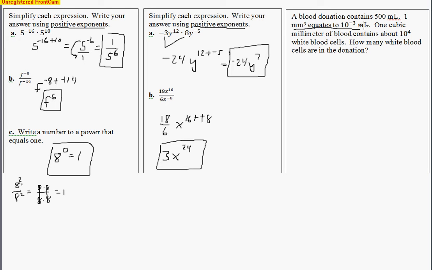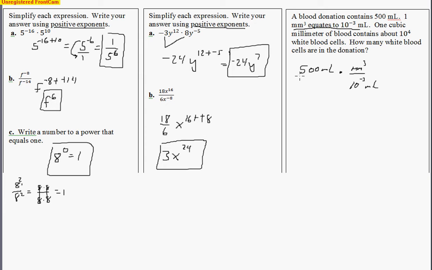So let's change our units first. We'll start off with the 500 milliliter donation, and we're going to multiply this by our conversion factor, which is right here: the cubic millimeters over 10 to the negative 3rd milliliters.